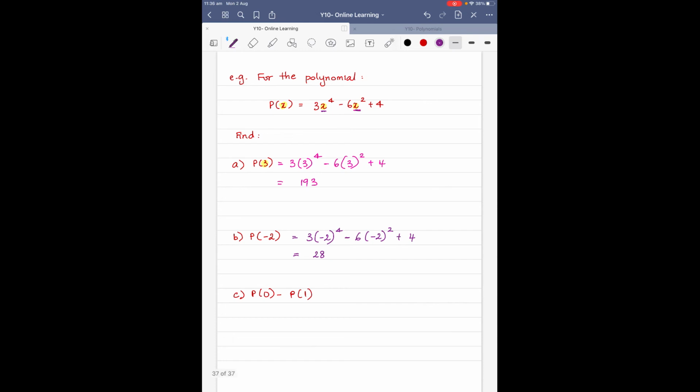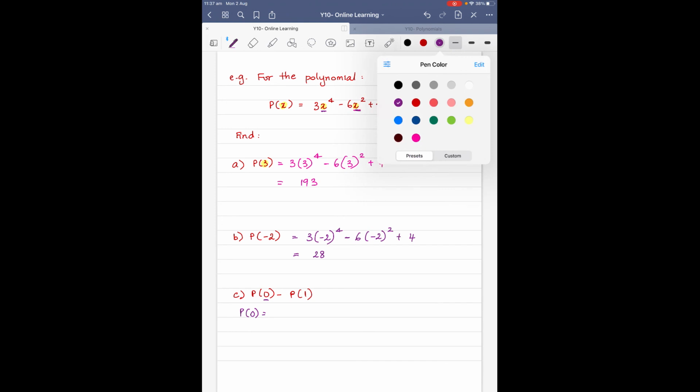Last but not least, we have this one here, P(0) minus P(1). So there's two different types here. You need to work them out individually before you subtract them. So P(0): whenever you see x, you're going to change it into a 0.